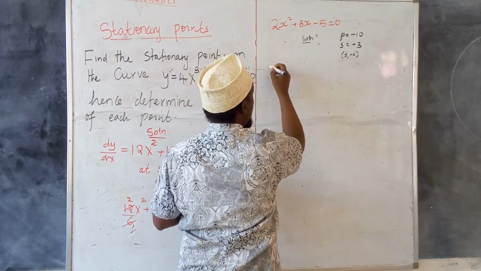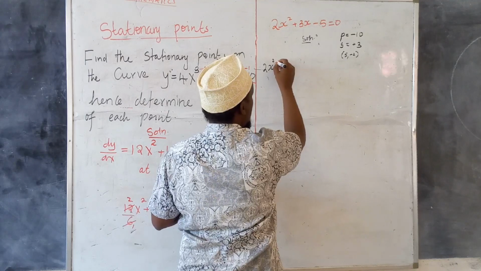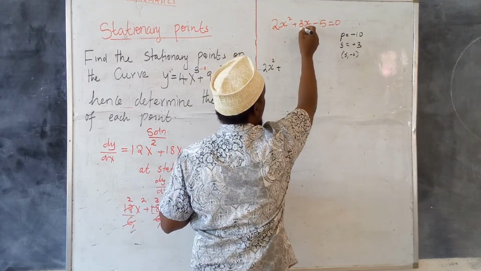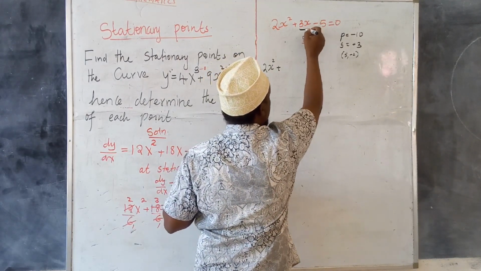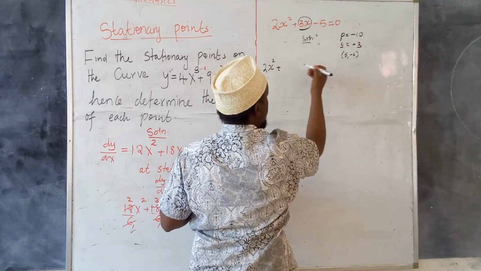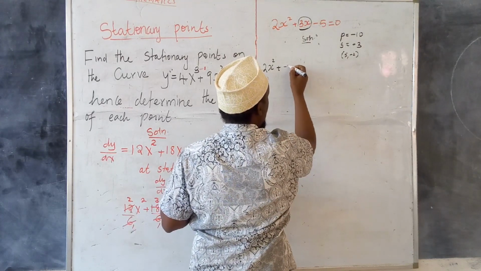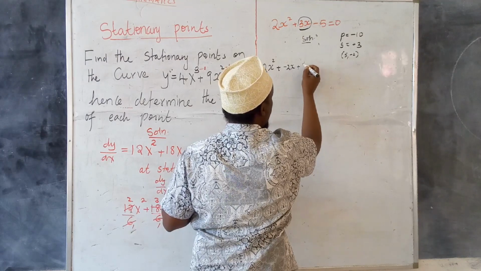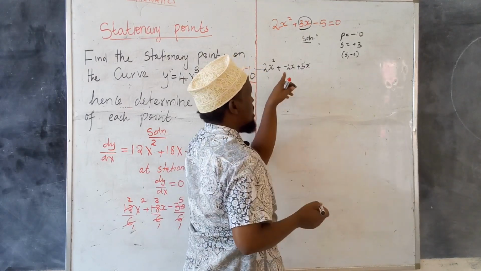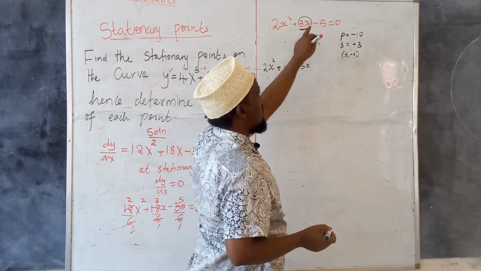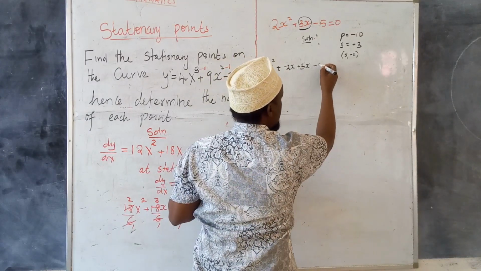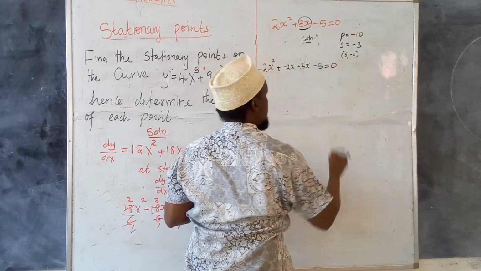So we come and say 2x squared. Instead of writing 3x, we have to write negative 2x plus 5x, because negative 2x plus 5x will give me 3x. Minus 5 will be equal to 0.